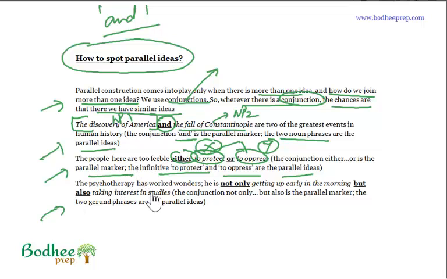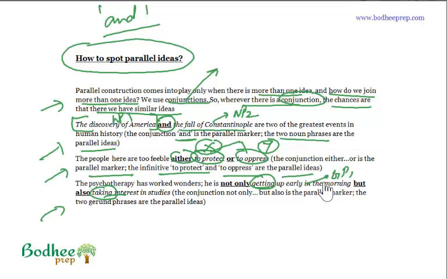The psychotherapy has worked wonders. He's not only getting up early in the morning, but also taking interest in studies. So we have two parallel things. The first is a gerund phrase, GP1. Getting and taking are the two gerunds, and they are gerund phrases because they are followed by many other things.